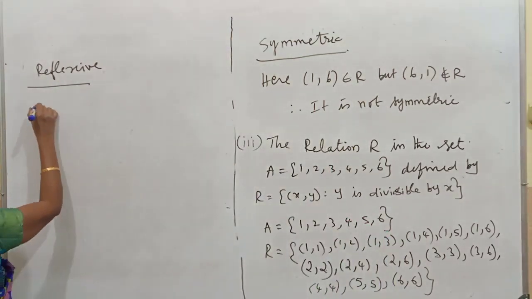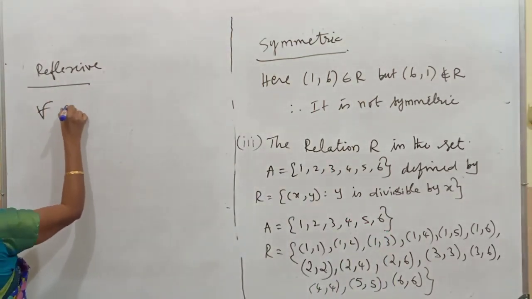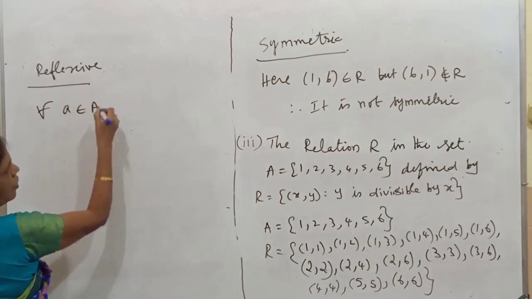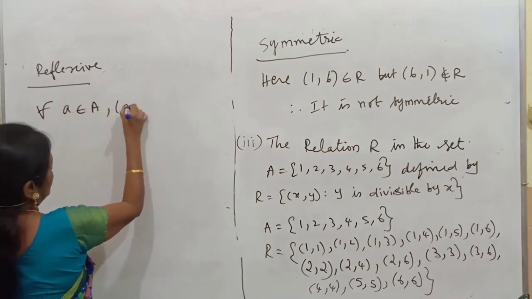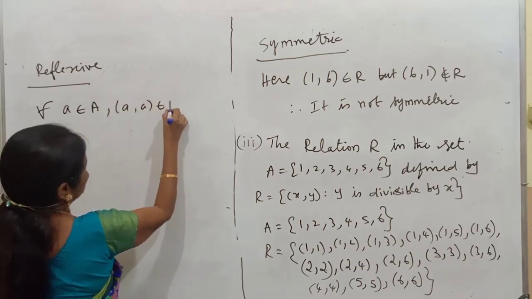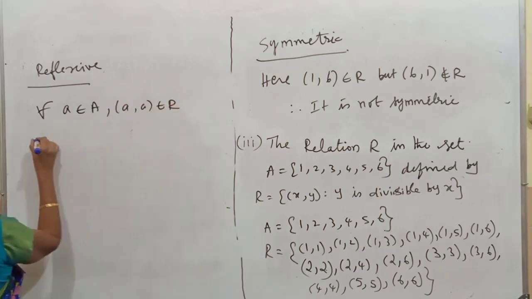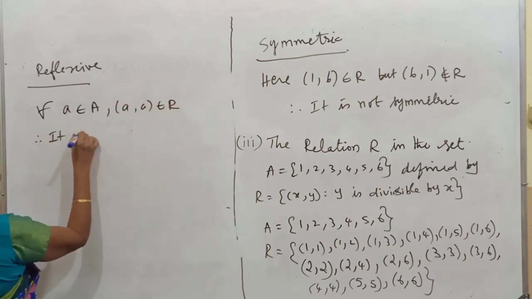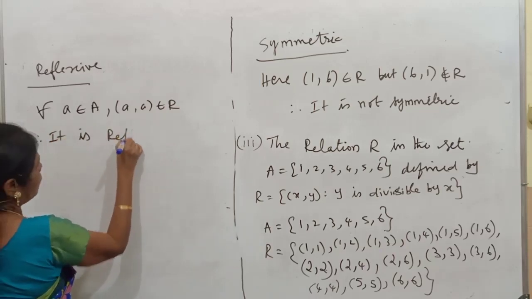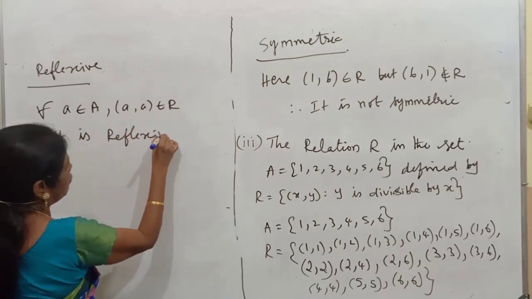For all a belongs to the set A, (a,a) belongs to R. Therefore it is reflexive.